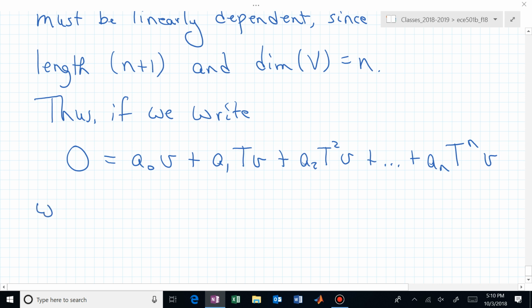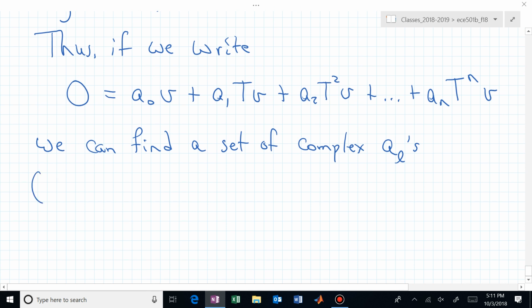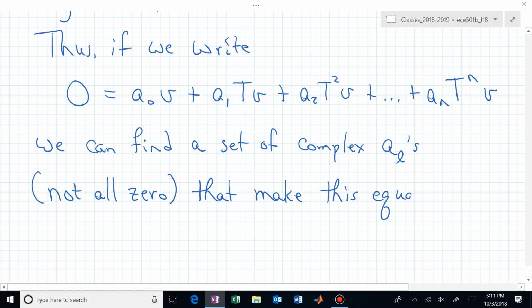So we can find a set of complex, that's our field, coefficients, scalars, a sub j's, not all 0, that make this equation true.